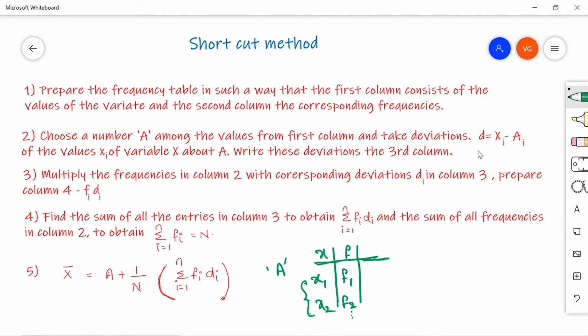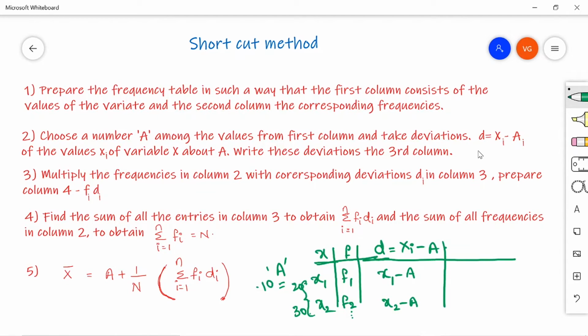Now find the deviation, which you write in the third column. That is, after selecting a, take xi minus a. Suppose you're taking a as 10 and this is 20. So 20 minus 10 you will be writing, right? So x1 minus a, x2 minus a. Like this you will be writing in your third column.